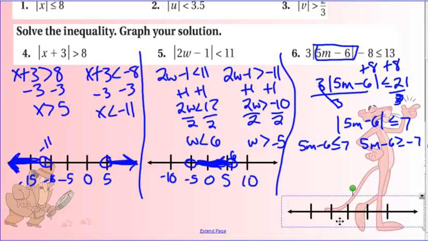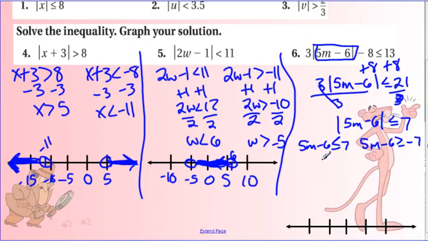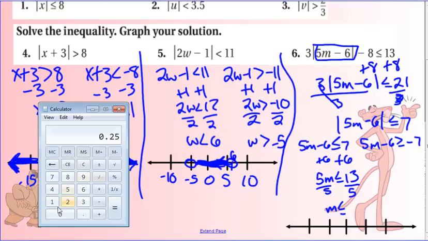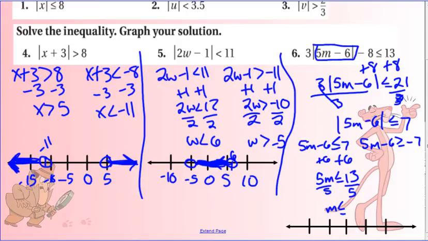Add 6, you get 5m is less than or equal to 13. Divide by 5, m is less than or equal to 13/5. It's going to be an ugly decimal, but it's what we got. To get a decimal, we just take 13 divided by 5. It's like 2.6. That's probably not quite as ugly as 13/5, so we'll put 2.6.